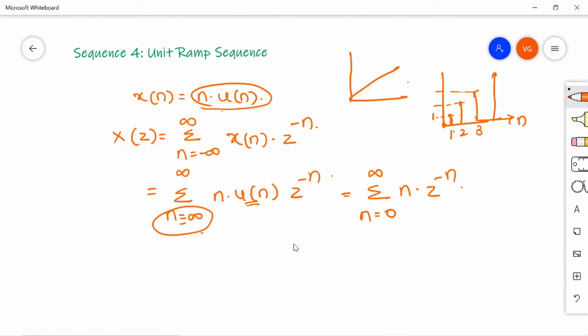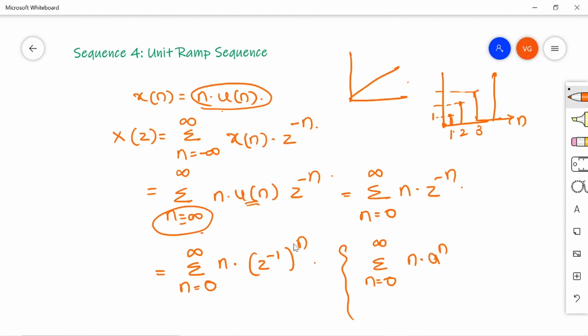So now see, this is an infinite sequence form, right? So you can write sigma 0 to infinity n into (z to the power minus 1) whole power n. If you observe, this is of the form sigma n running from 0 to infinity n into a power n, an infinite sequence.